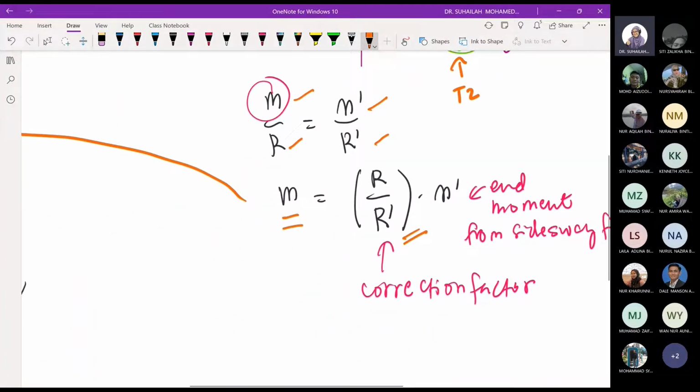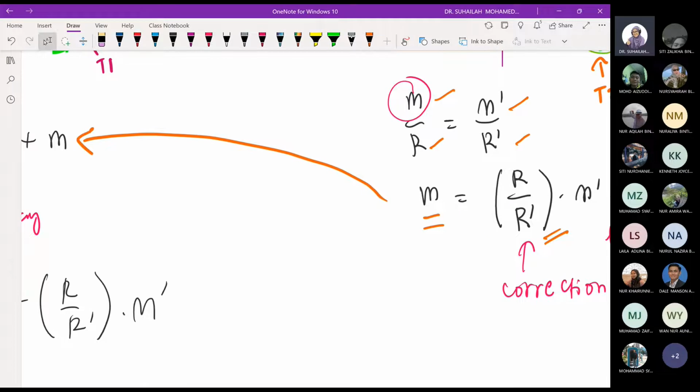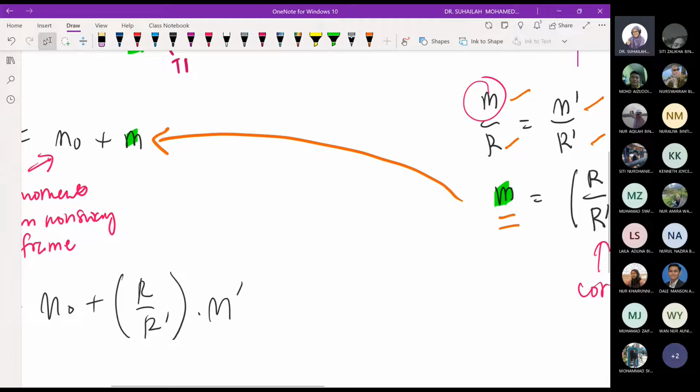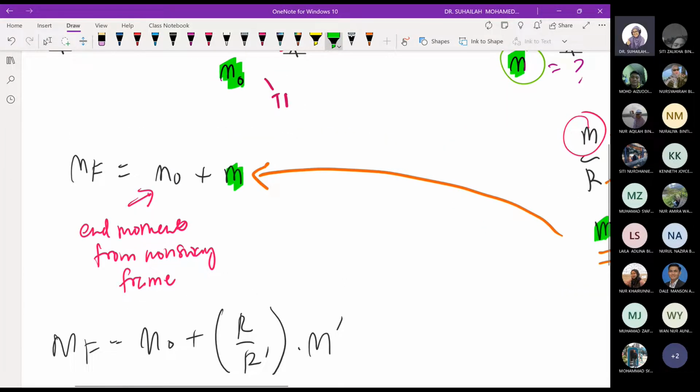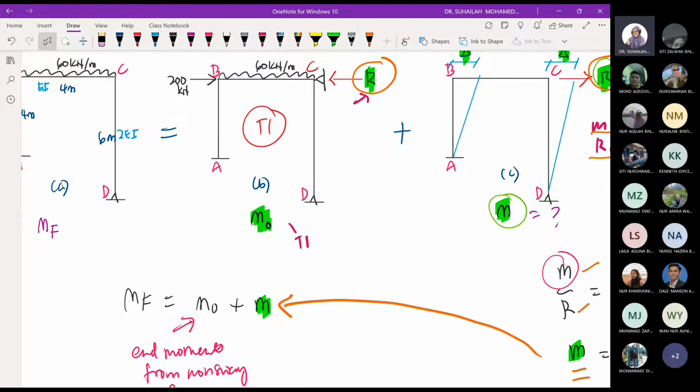So we can conclude that we substitute M into this, because to calculate the final end moment, we apply the principle of superposition: A equals B plus C. The final end moment that we want, we label as MF.